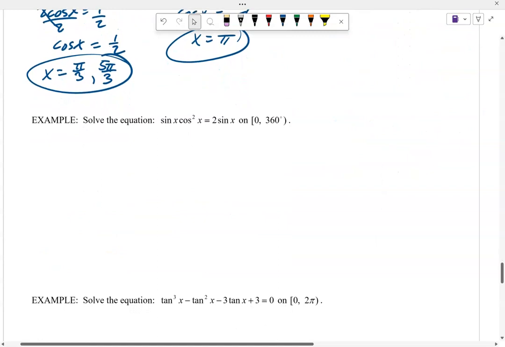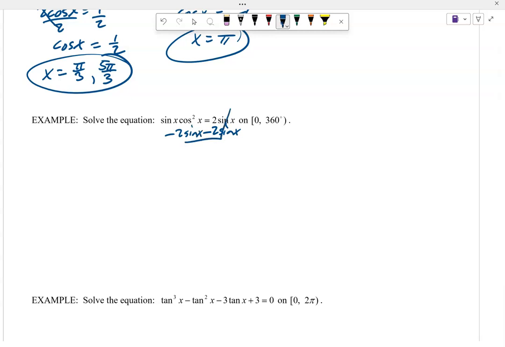All right, this one, I got to get one side equals 0 in order to factor a sine out. So I have sine x cosine squared x minus 2 sine of x equals 0. Again, I can take a sine out, so I'd have cosine squared x minus 2 equals 0.